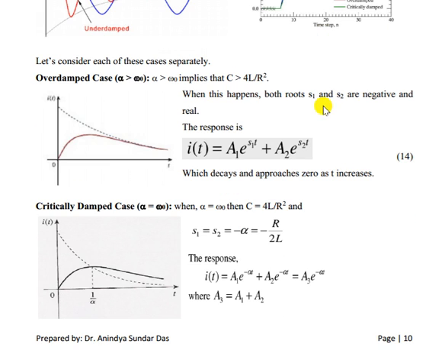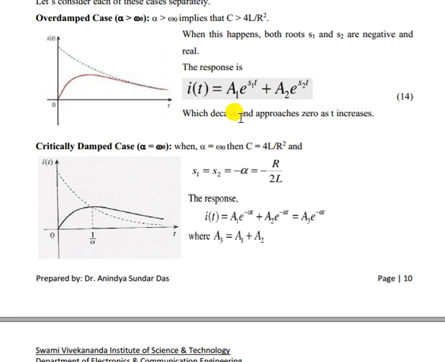Now in the overdamped case, alpha greater than omega 0, the response, as we have already seen, has two roots s1 and s2, so a1 e to the power s1t plus a2 e to the power s2t, which decays as t increases.